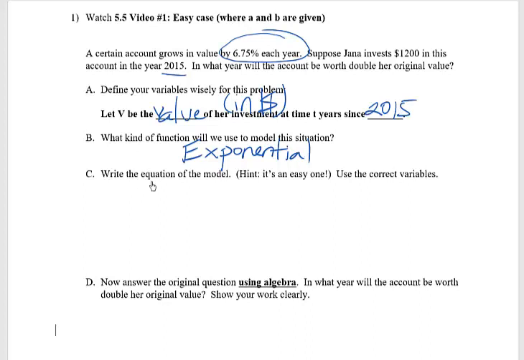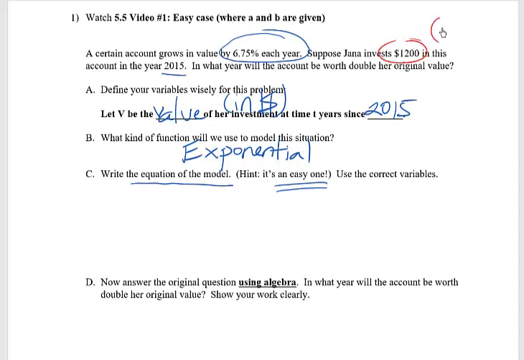Now we want to write an equation for this model. It is an easy one because we don't really have to do a lot of work to get the A or the B. The A is certainly the easiest. That's the y-intercept. Since we picked 2015 as our starting year, the A would just be the value in 2015, which they told me was $1,200.